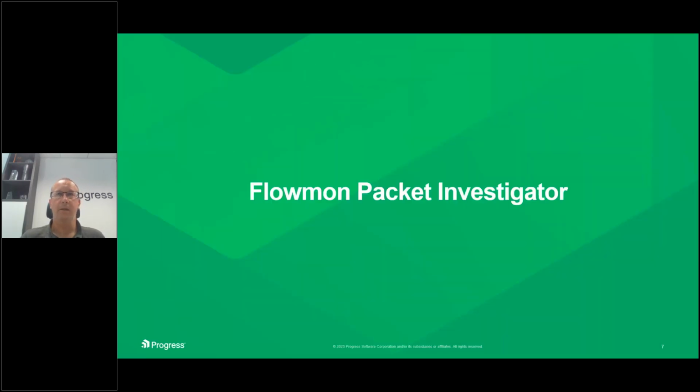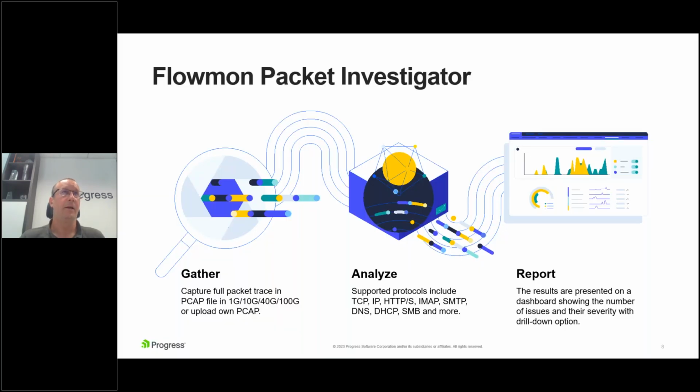So let me explain Flowmon Packet Investigator in more detail. The principle of how it works is on-demand packet capture as the first step. You have a central user interface where you can control all your traffic captures on all the Flowmon probes that you have deployed across your environment, and you're able to use a simple filtering syntax to focus on the specific traffic that you need.